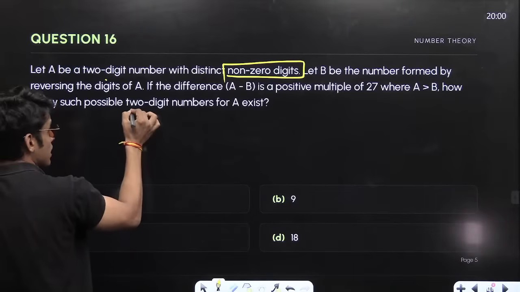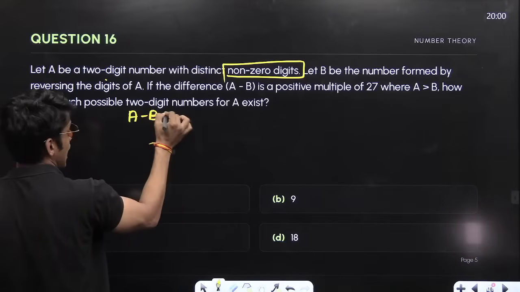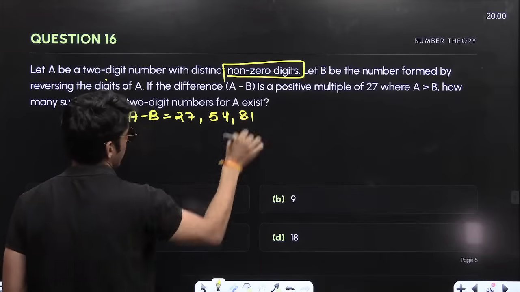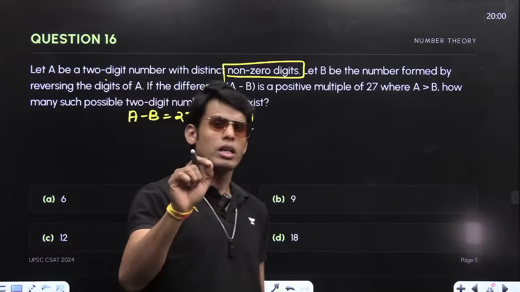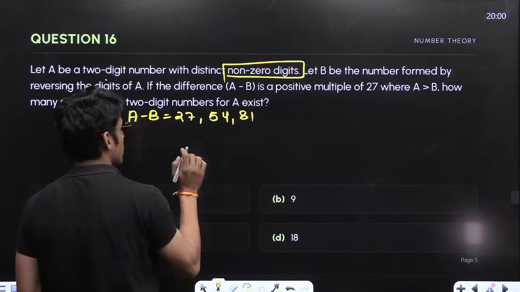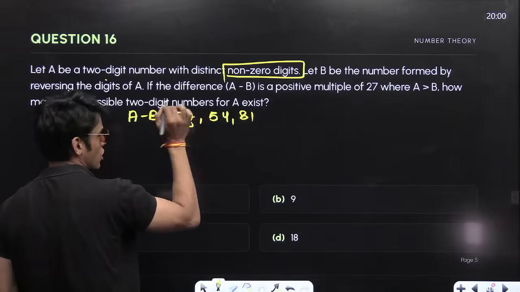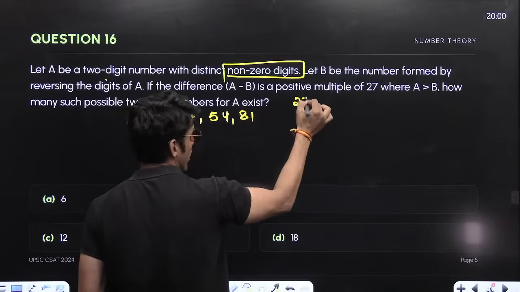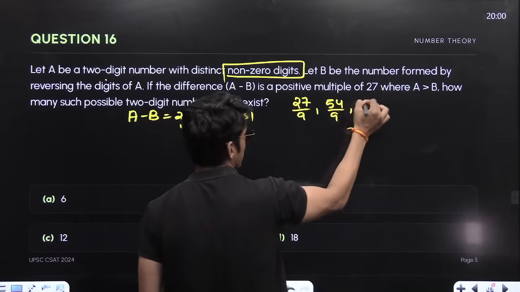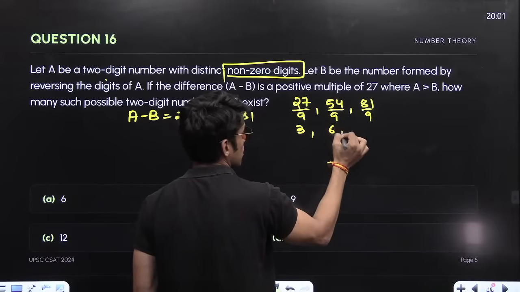See, the difference A minus B is either 27 or 54 or 81, right? One thing to understand here is that this is again a shortcut type of thing. You just have to divide everything by 9. What am I getting?